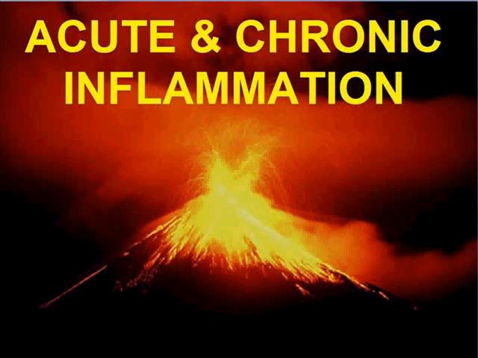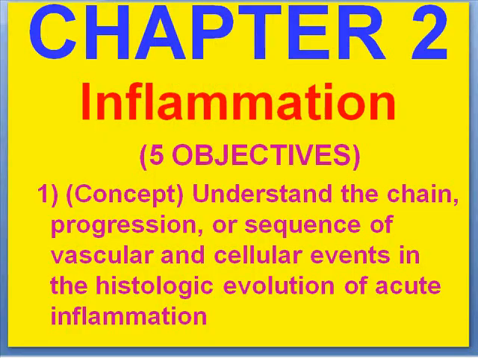And we might as well start out by saying that our objectives for this chapter will be to understand the sequence of vascular and cellular and chemical mediator events that go on in acute inflammation.